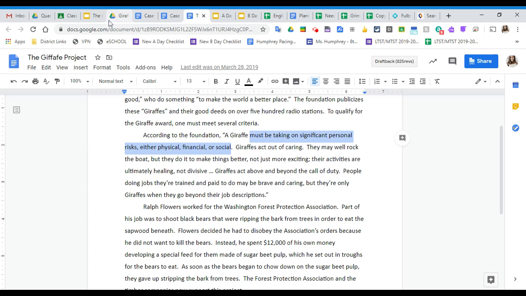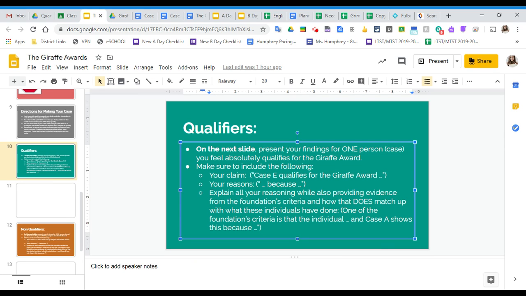And then you can say, and case E shows this because, as a doctor in Bentonville, they are putting their own physical health on the line to come into contact with other people who have transmitted COVID-19, and they're risking their own personal health as well as those they come in contact with every day. It might be their family members or whatever. This is putting their own physical well-being at risk in order to save others, and that is a huge personal sacrifice.